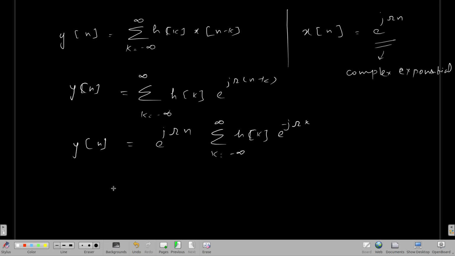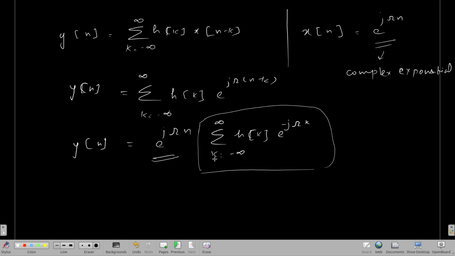Now what are we seeing here? This is the input that we gave, right? And this is some value. It is a finite value because no other variable n is there, and the limits are some values, maybe minus infinity to infinity.